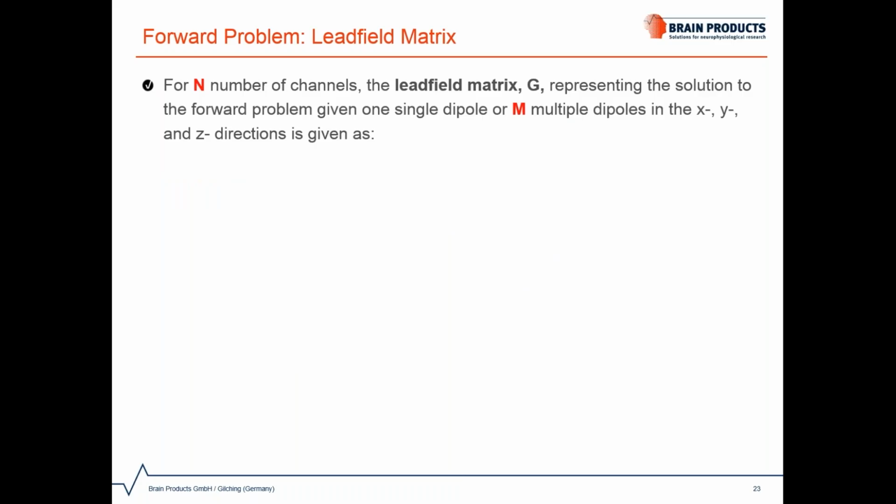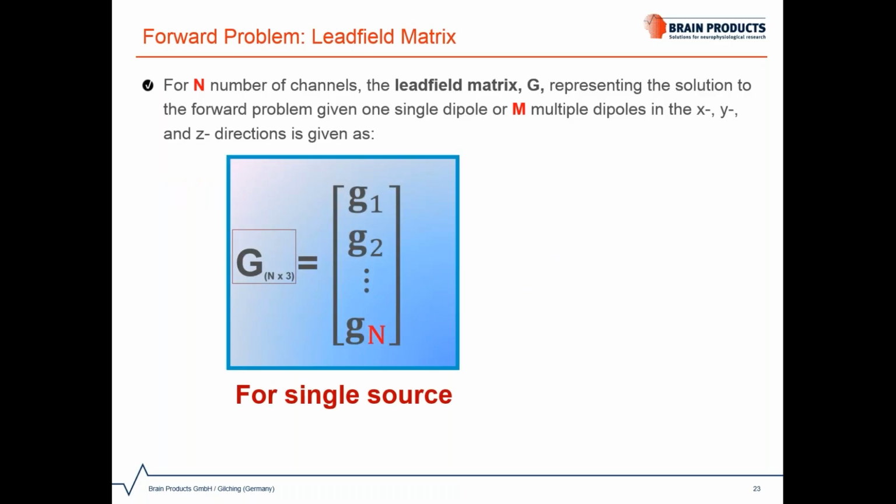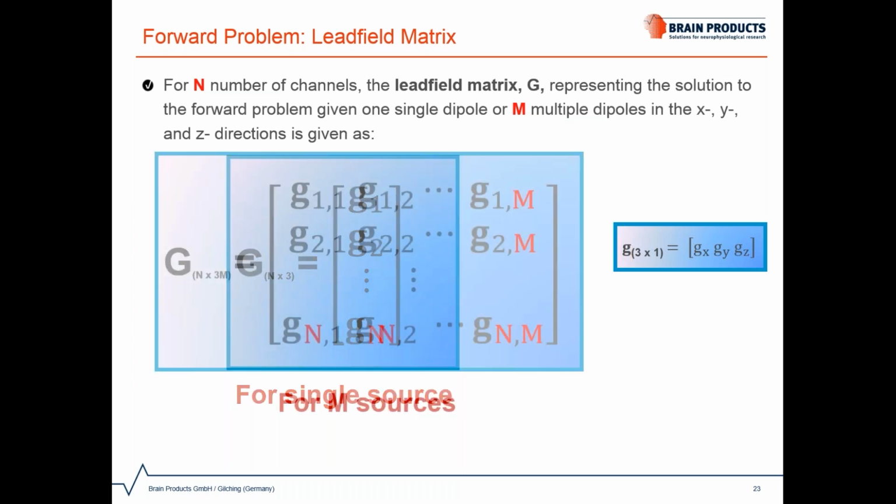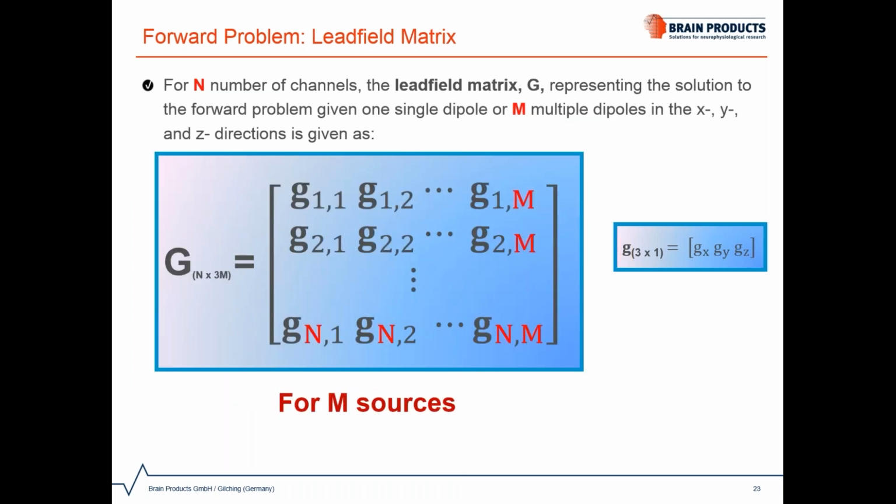Mathematically, for n number of channels and a single source, it is represented by a matrix G with a dimension of n by 3, 3 representing the gain vector for the x, y, and z components, which are denoted by the matrix small g. Similarly, the matrix can be extended for m number of sources, having a dimension of n by 3m, where the gain vector for each of the 3 components is denoted by the matrix small g.